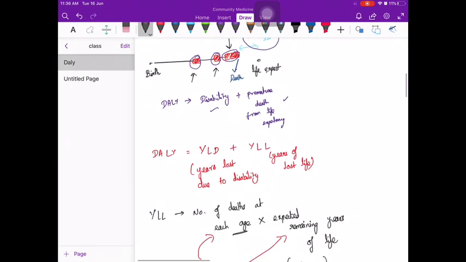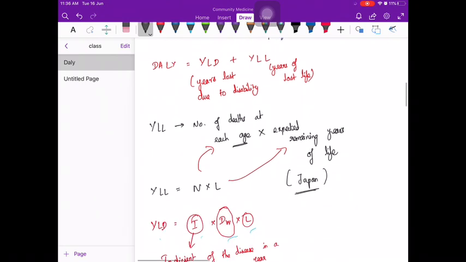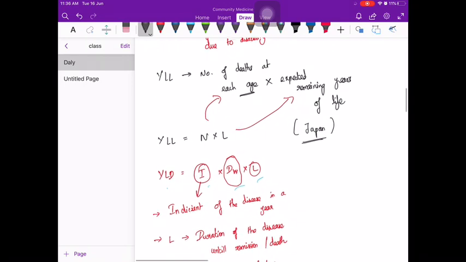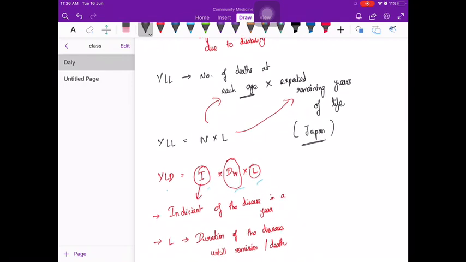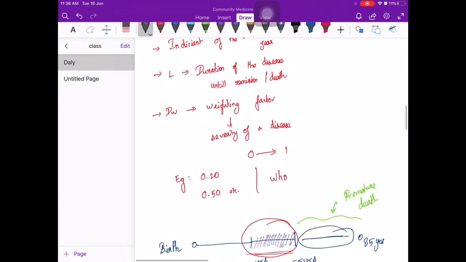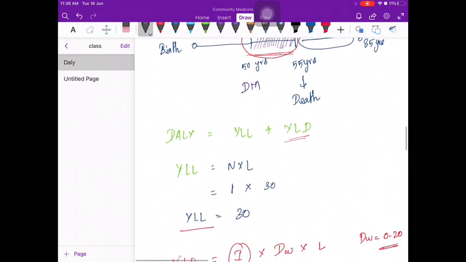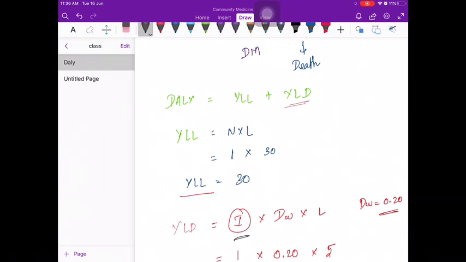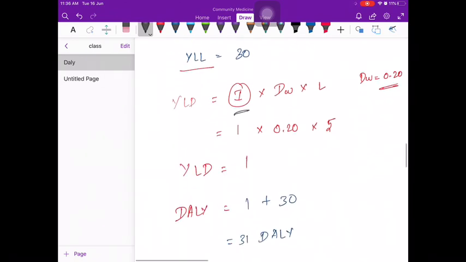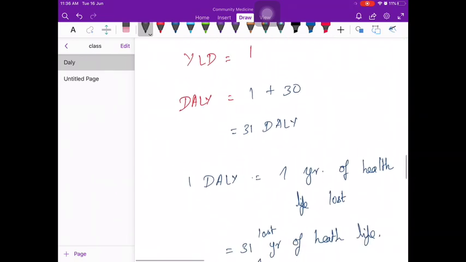And we saw that the formula for DALY calculation is YLD plus YLL, where YLD stands for years of life lost due to disability, and YLL stands for years of life lost. And we saw the calculation for YLL and YLD separately, and finally the example of the calculation of DALY.